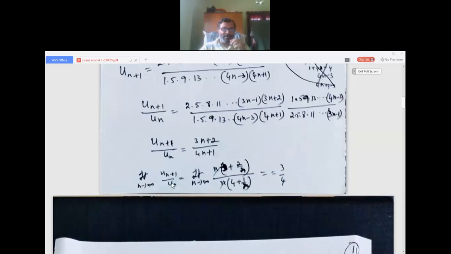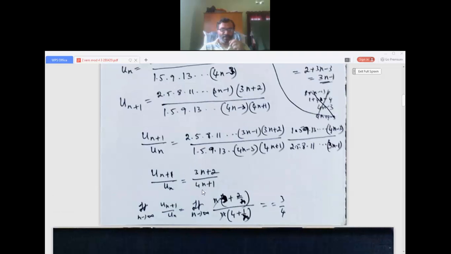Now we apply the limit for this. Limit n tends to infinity, un plus 1 divided by un. What happens here? When you studied how to apply limits in your first semester, remove n outside.